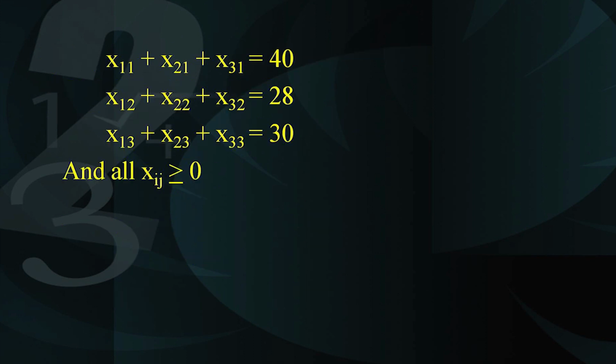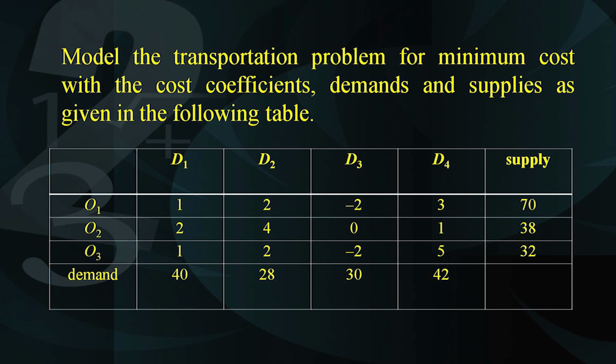Also, we need to look at the vertical constraints. So, the vertical constraints tell us x11 plus x21 plus x31 is equal to 40. This comes from the first column. So, here look at the first column. In the first column the demand is given by 1 times x11, 2 times x21 and 1 times x31.